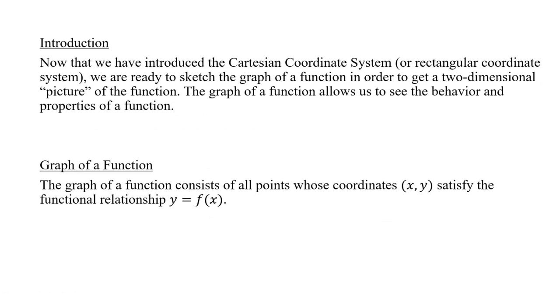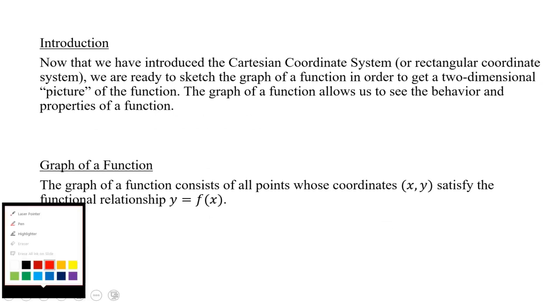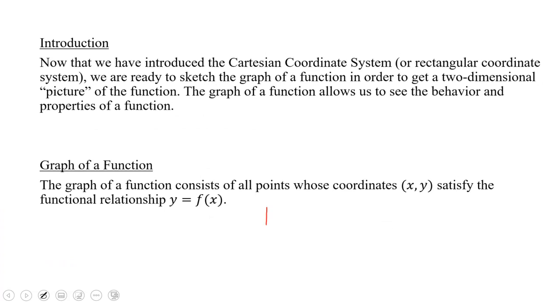If you have a linear function, that means it's a straight line. Linear functions are straight lines, so you need only 2 points. If you have 2 points, connect them and you have your graph.